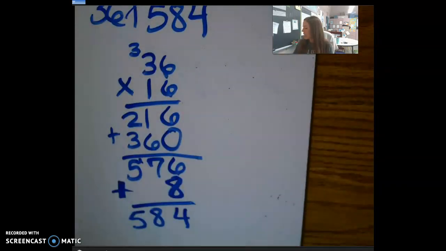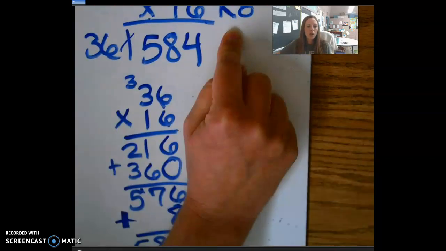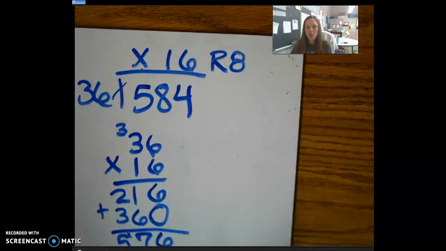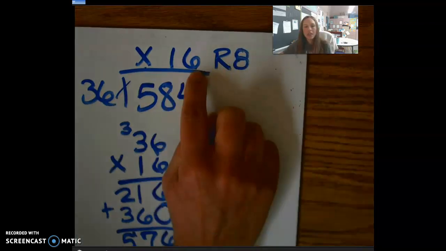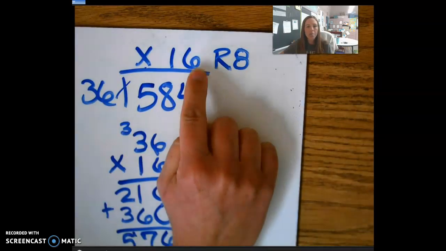I think this is what kids get confused about when they have a remainder. Because they know that you're supposed to add it when you check, a lot of times what they'll do is add it to our quotient. Well, this is not, remember, this is the number of pens in one group.